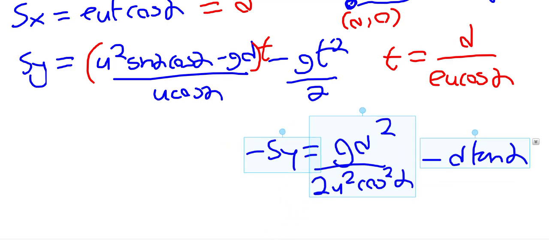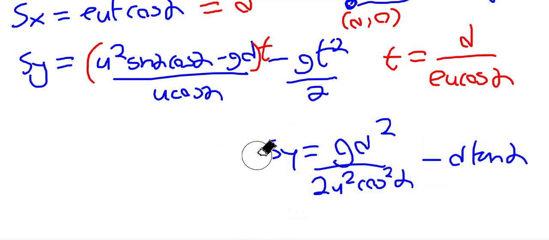What I'm going to have to do is sub in d equals EU cos alpha. I'm going to have to sub it into two different places, here and here. And then I'm going to have to put the two of them equal to each other, and then see what on God's green earth happens after that.